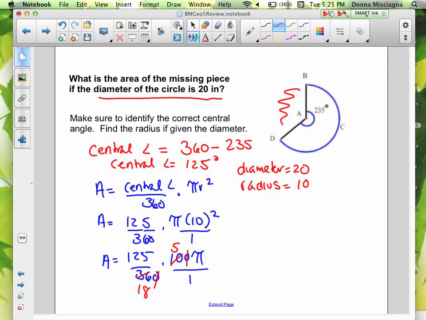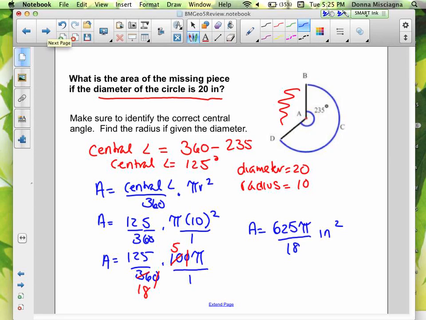So that's as much as we can reduce. So now we just multiply the numerator and multiply the stuff in the denominator. So 125 times 5 would be 625 pi over 18. And this was inches squared. And that's our area here.